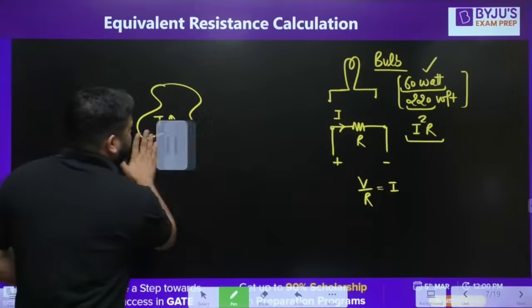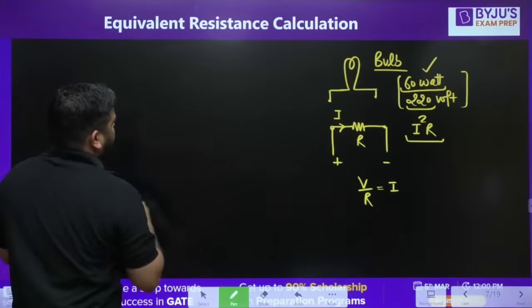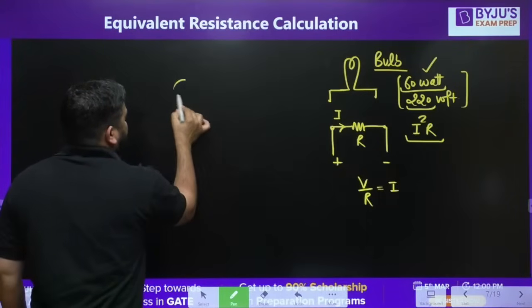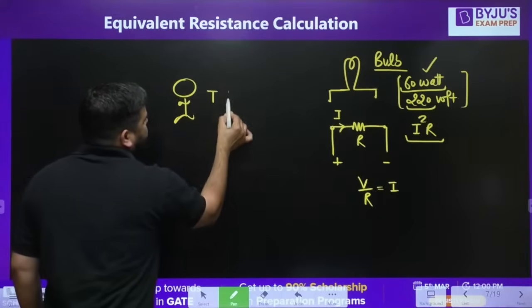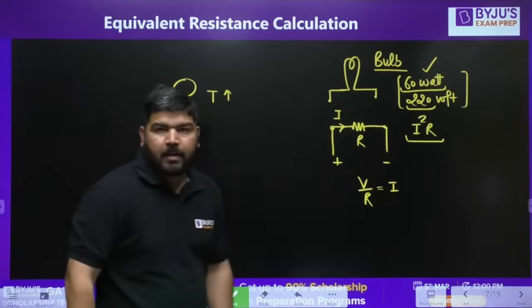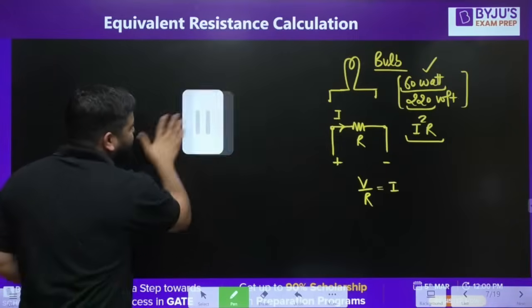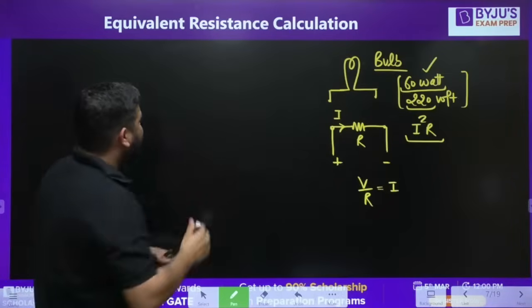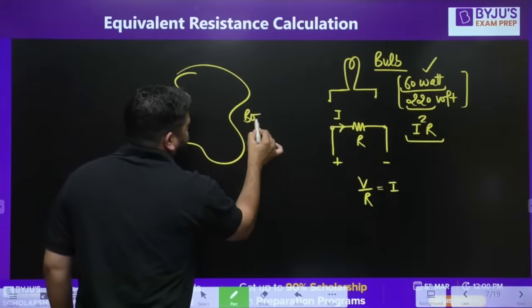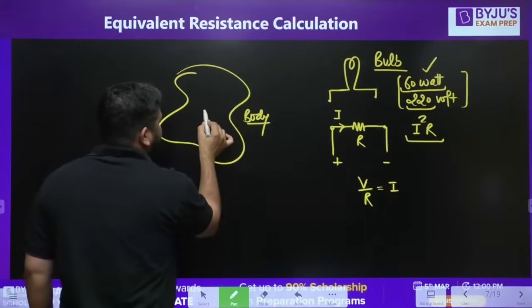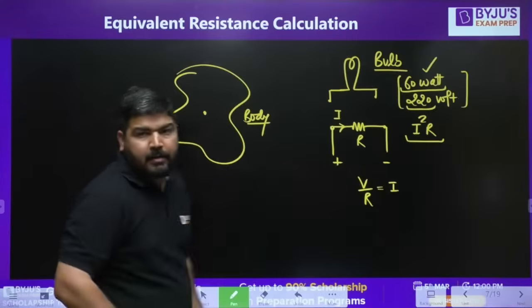Or let's not take this. Let's say it's a human body, and the temperature of the body is rising. Why is it rising? Or maybe let's not take a human body. Take some other, let's say there is some closed body, and in that body some heat is generated.